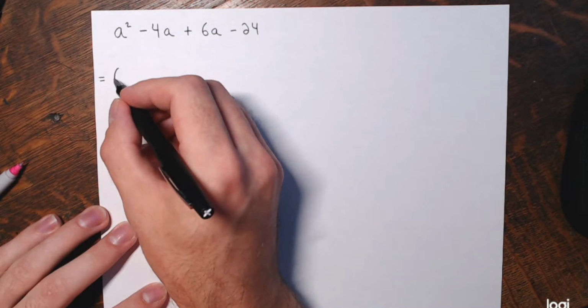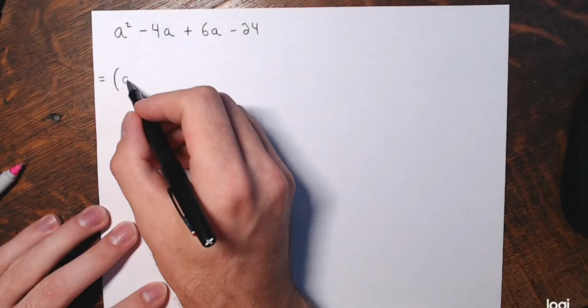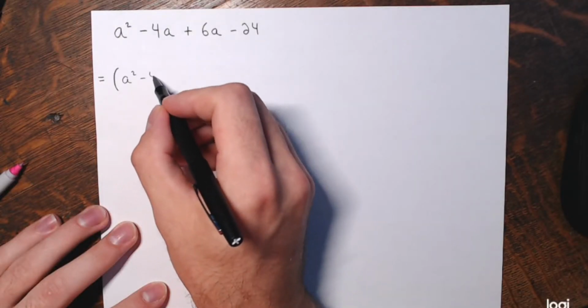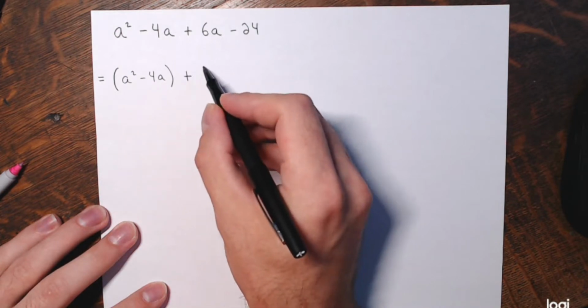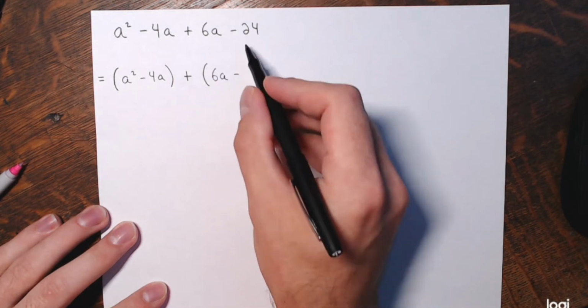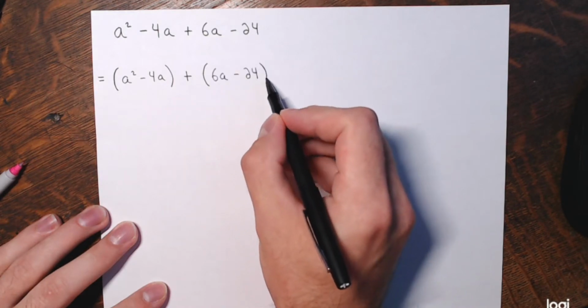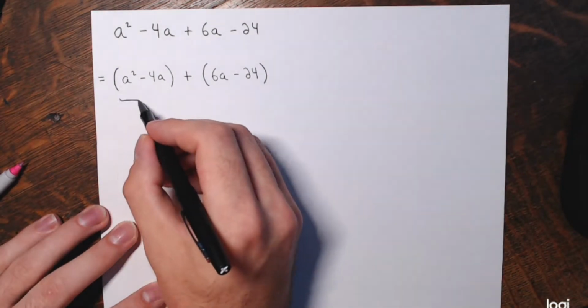I'm going to break it up as the sum of two groups of two terms. In the first group, I'll have a squared and the negative 4a, then plus, and the other group has the positive 6a and negative 24. So now I factor each group.